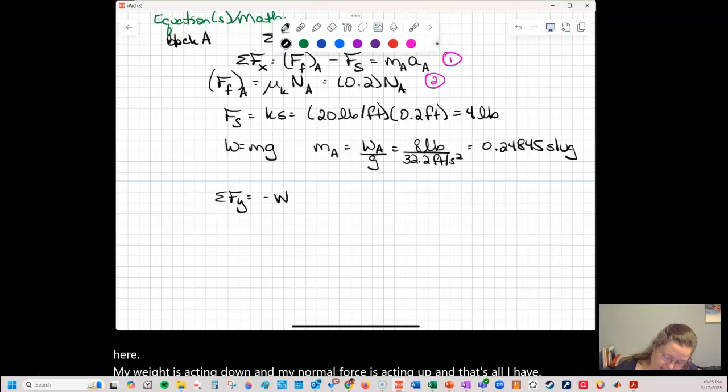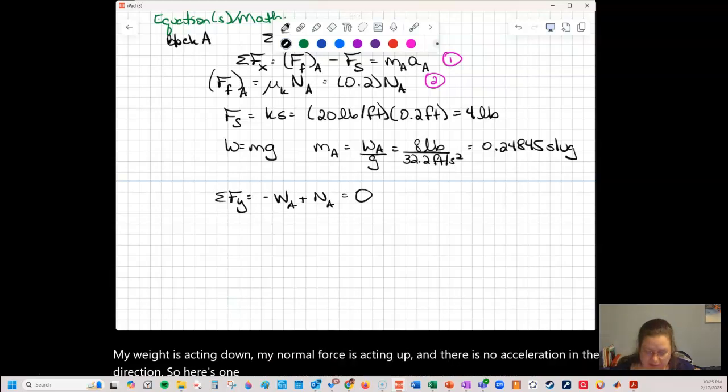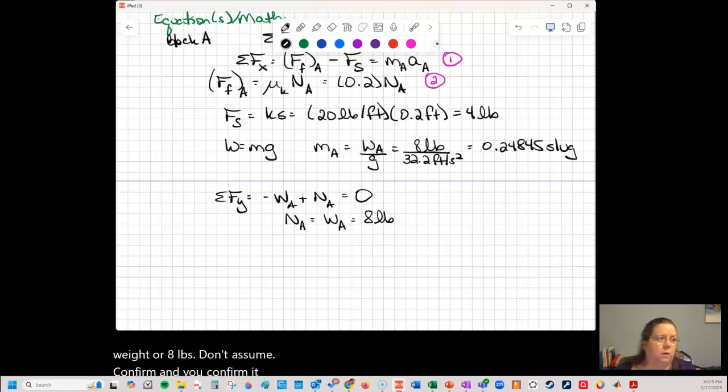My weight is acting down, my normal force is acting up, and there is no acceleration in the y direction. So here's one of those specific instances where my normal force is equal to my weight, or 8 pounds. Don't assume, confirm. And you confirm it by summing your forces in the y direction.